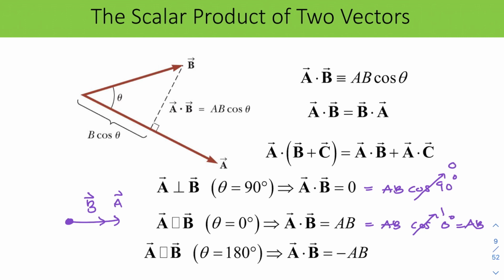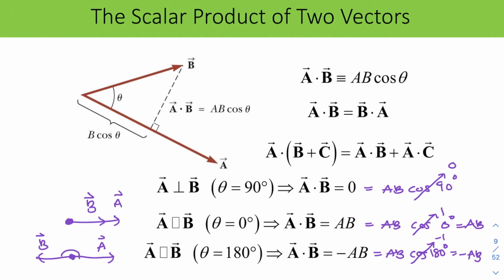Then if it is anti-parallel, how is it? We can visualize it like this. This is A, this is B. They are anti-parallel, or 180 degrees in terms of angle. So you will have AB cos 180 degrees, which gives you negative 1, so negative AB.